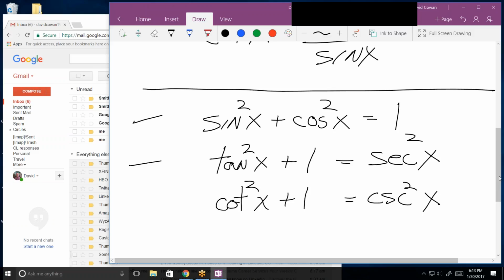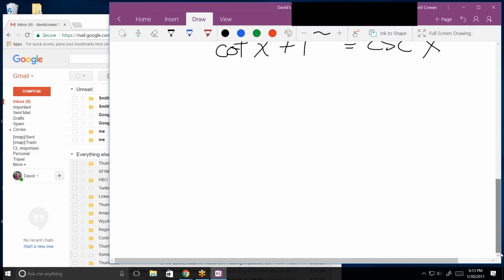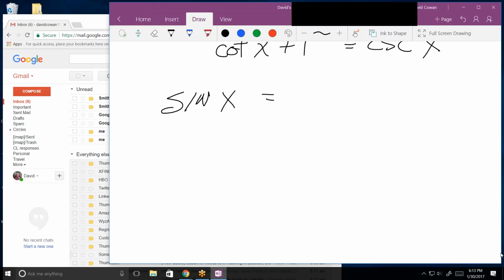Now, I'm not sure you've really studied cofunctions. Let's talk about them. They're really quite simple. What's the cofunction of sine? Stick a co in front of it. That's all you have to do. So the cofunction of sine is cosine, and it has this property.